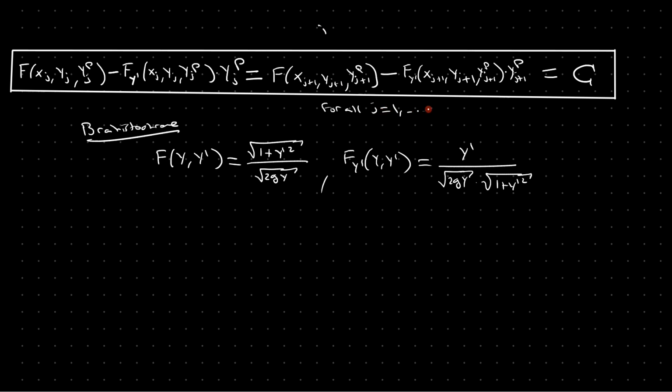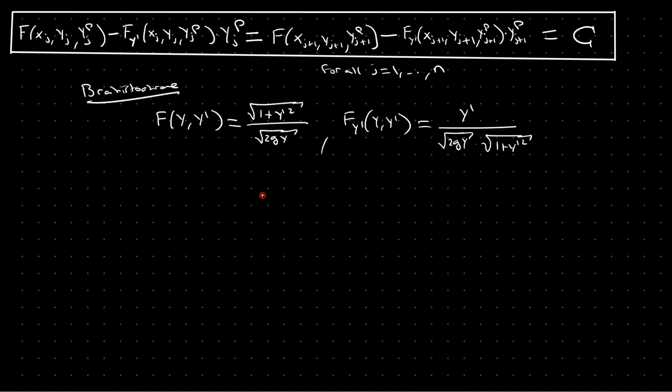So for all j from 1 to n, for any j, we can just plug in, and this combination will have to be the same constant. It's the identical constant that is shared by every single combination xj, yj, yjp for these two functions.